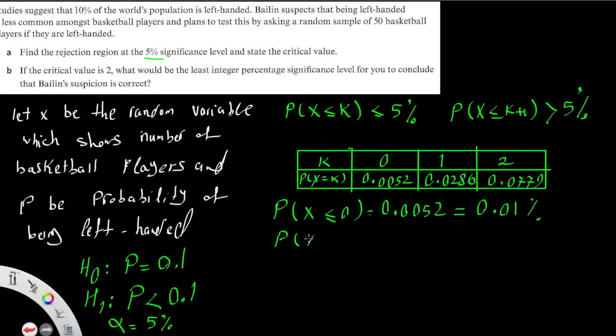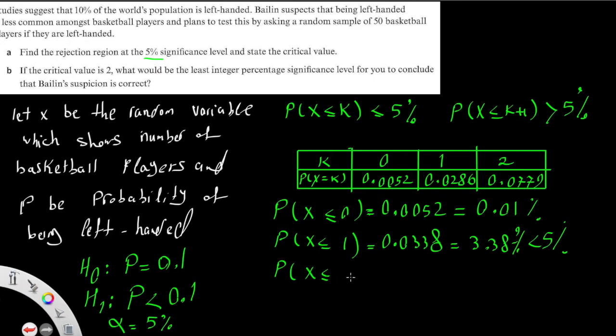Probability of x less or equal to 1, it will be 0.0338, which is equal to 3.38%, which is less than 5%. You are still in rejection region.